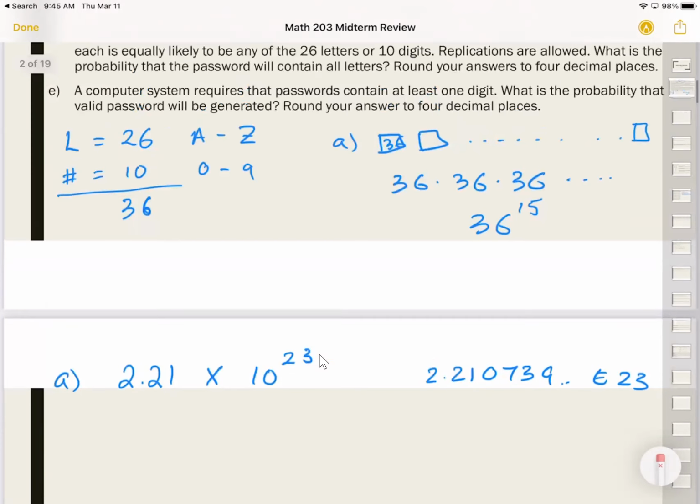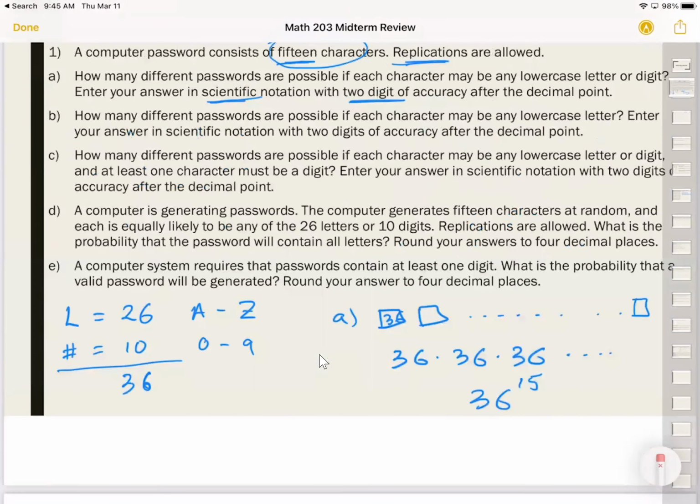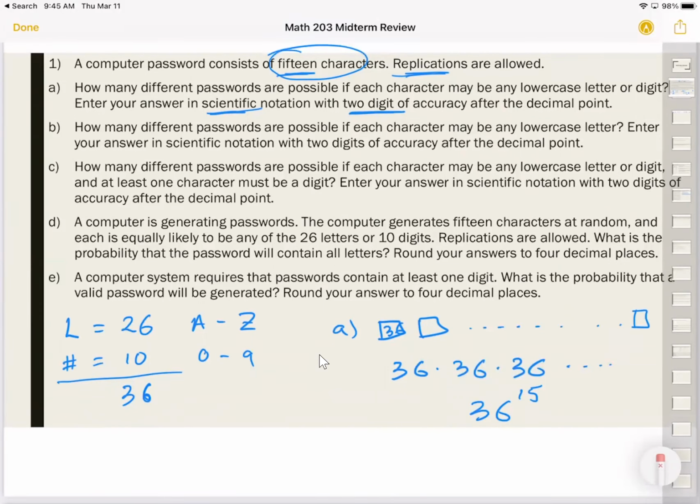Like an add or a star or a number symbol, right? All different symbols. But again, looking at this here, this is what we have in A. Because we have 15 characters, we need to take 36 raised to that. So the question with A here is how we got that number.